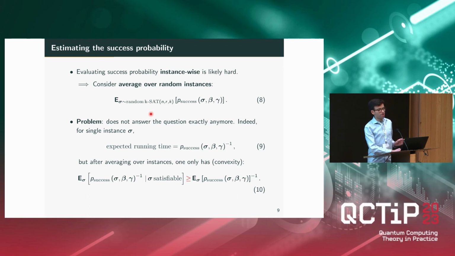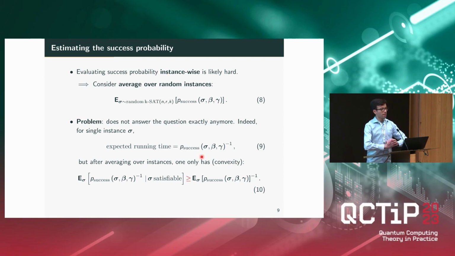We still have another problem now, that it doesn't exactly answer the question anymore. Indeed, what you're ultimately interested in is the running time of the algorithm. How long does it take to run on a single instance? And for a specific instance, sigma, this running time is indeed the inverse of the success probability, as shown in equation 9.